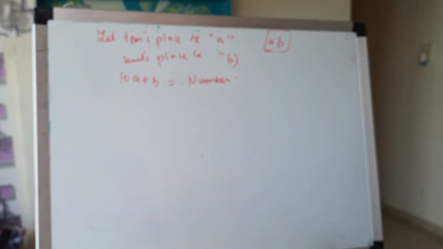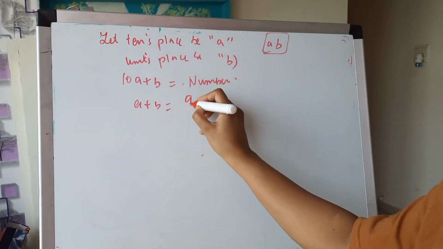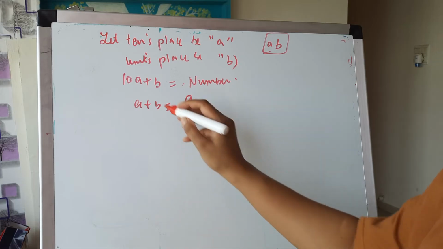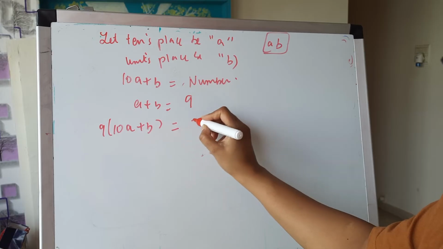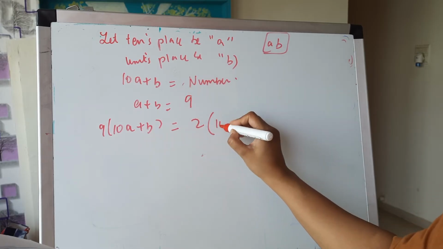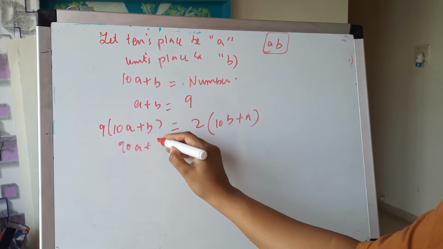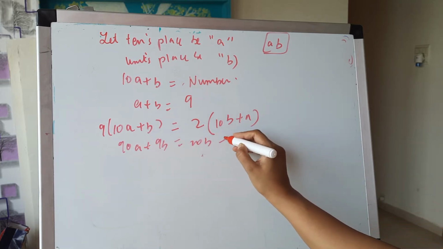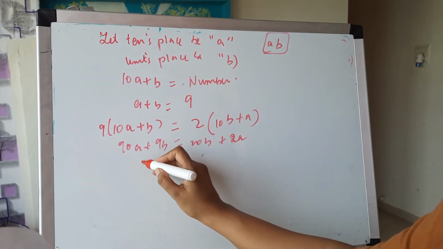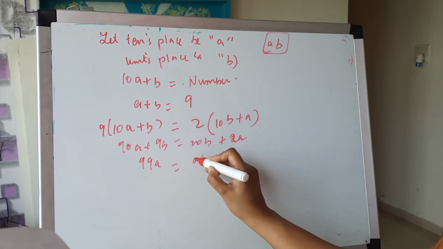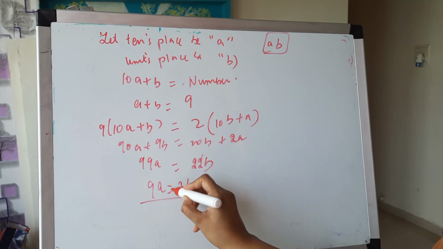Right? Now the question is sum of the digits. So basically A plus B is 9. Also 9 times this number is twice the number obtained by reversing the digit. Right?